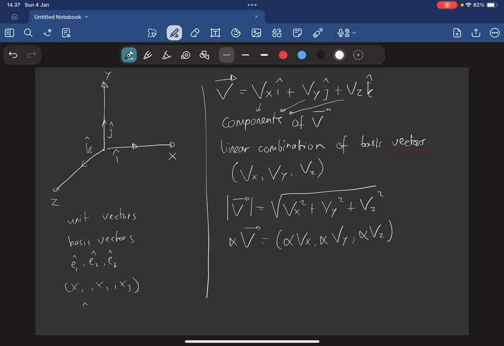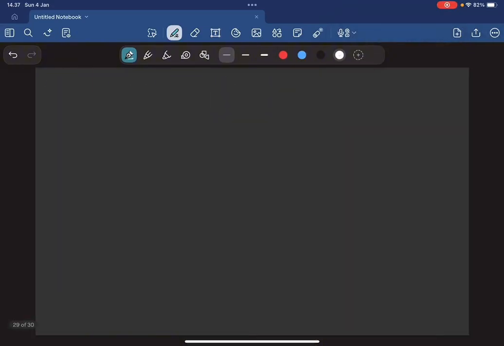We can write the sum of two vectors as the sum of corresponding components. A plus B, component x is Ax plus Bx.